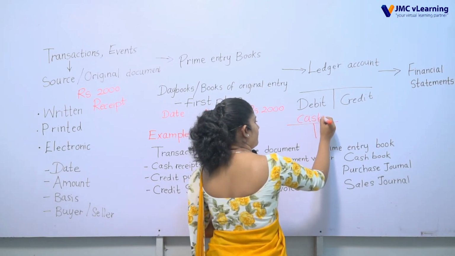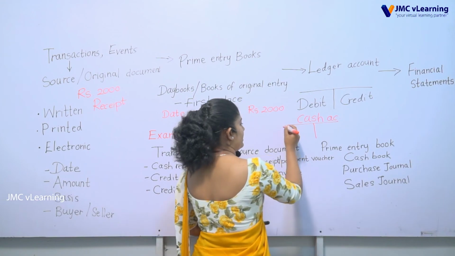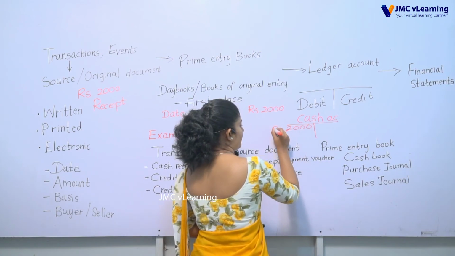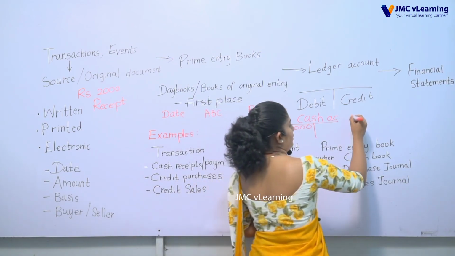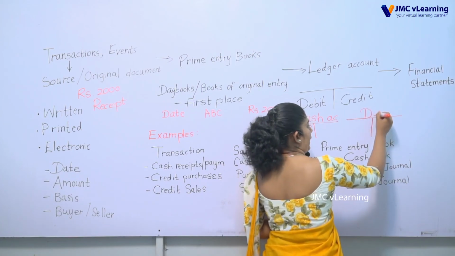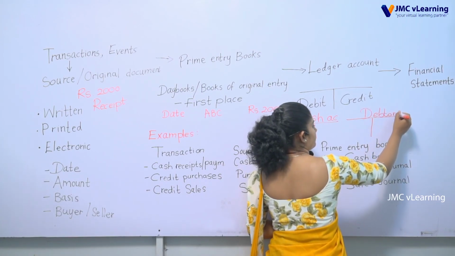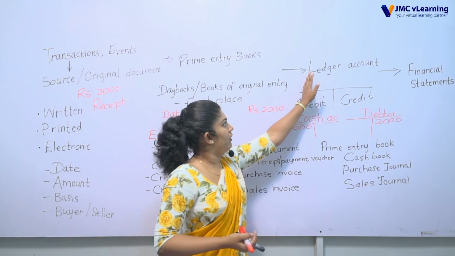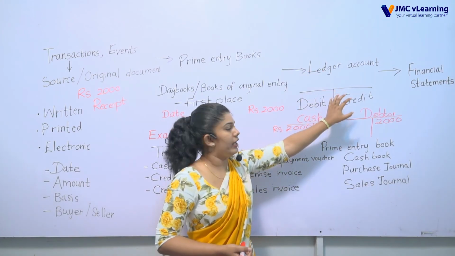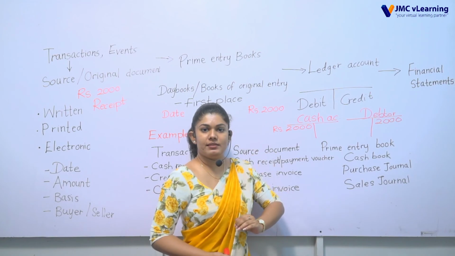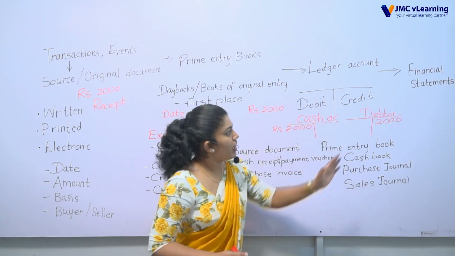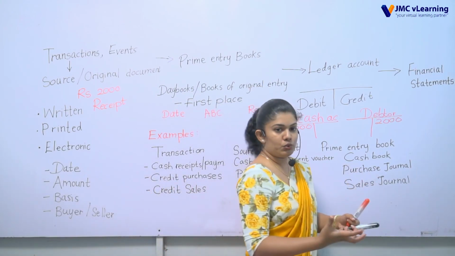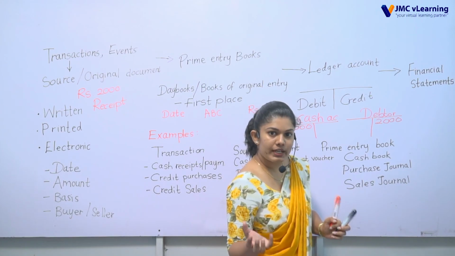Cash account. I received money, therefore it is debit. 2000 debit. And debtors account, therefore credit, because he paid me money. Now in this particular section, when you are posting to ledger accounts, the double entry completes. And when we go to financial statements, we record that we had debtors 2000, but we don't have any debtors right now.